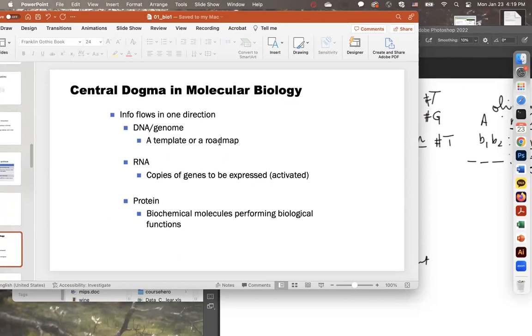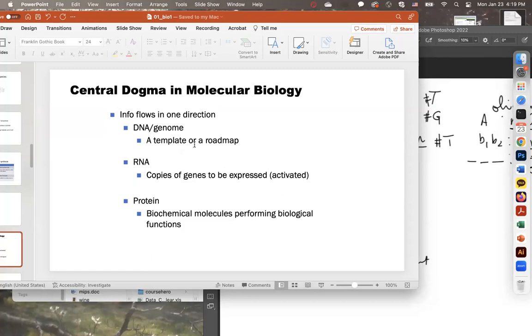So this is the central theorem and central dogma of molecular biology, and it goes through basically two steps. So from the DNA, where the genome is, and DNA is nothing but a static map of what kind of genes you have in your DNA or in the chromosome or genomic sequence.